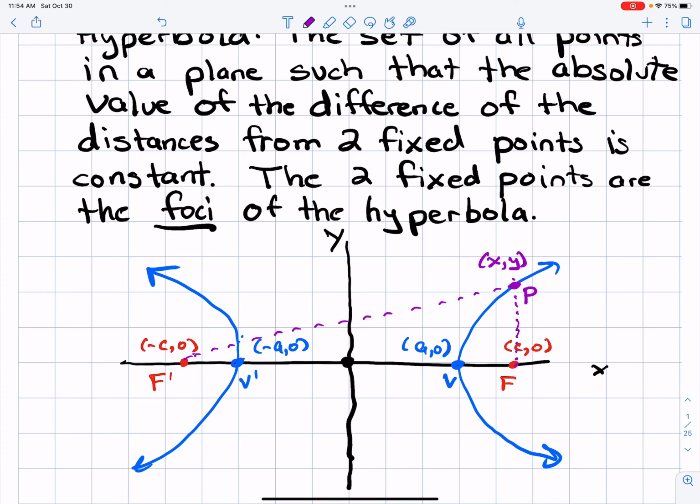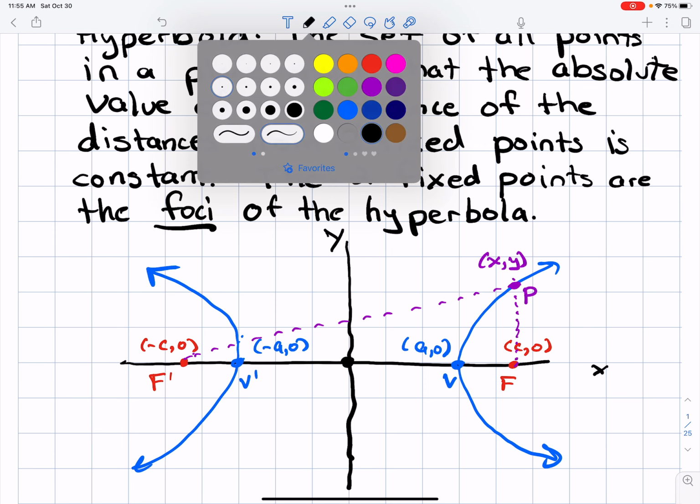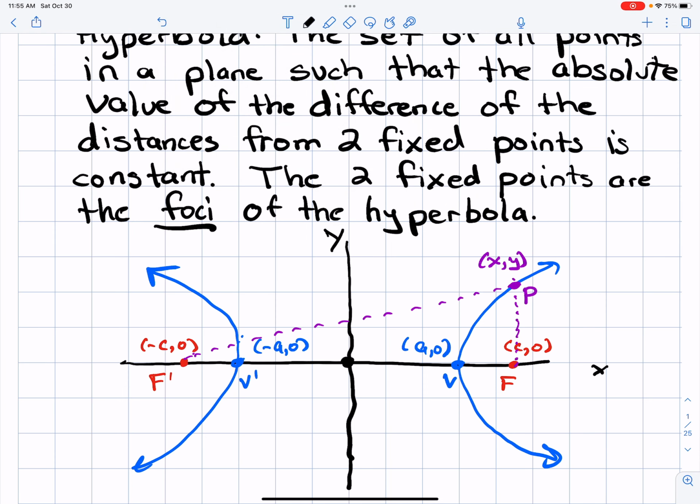It's saying that those distances from any point P, if you subtracted them and then took the absolute value, in other words, made sure you took the positive outcome, then that's going to be constant. So no matter what point you pick on the hyperbola, on either curve, you're going to be able to do that with your distances to the foci. And then using that fact, we can derive an equation for this hyperbola.